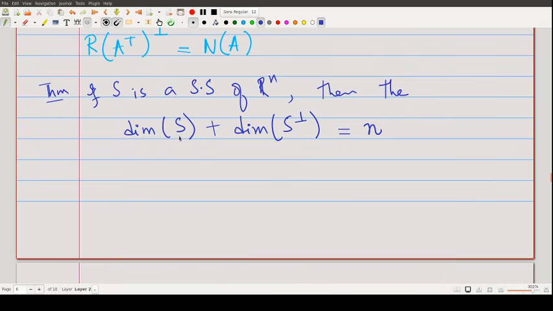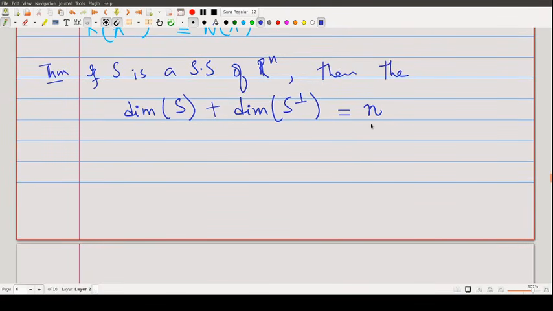So if you take a subspace and its orthogonal complement and add their dimensions together, you should get n.